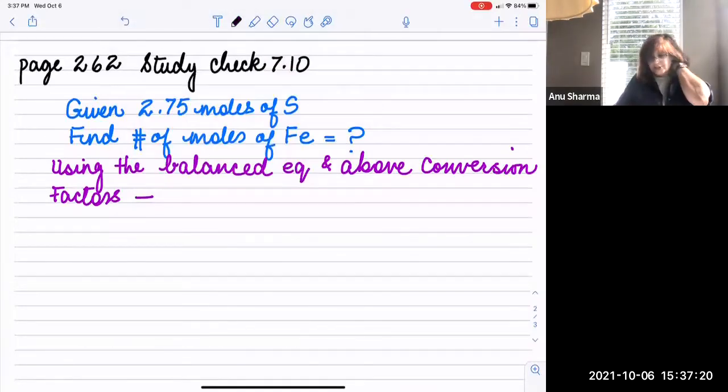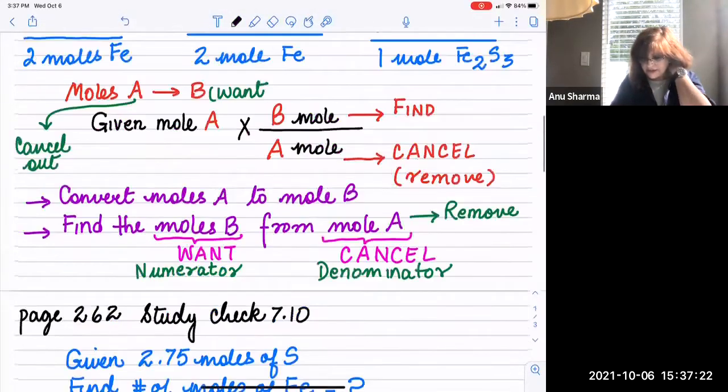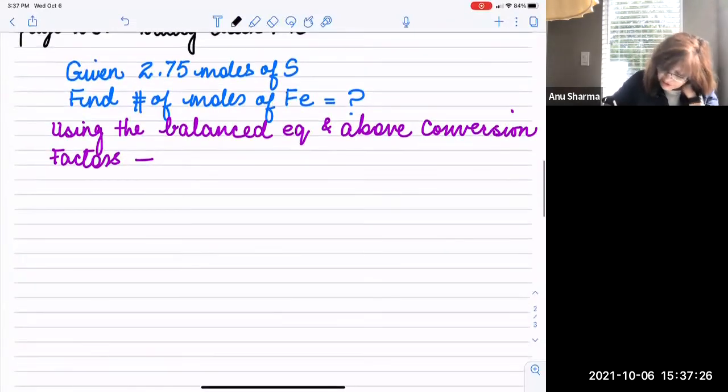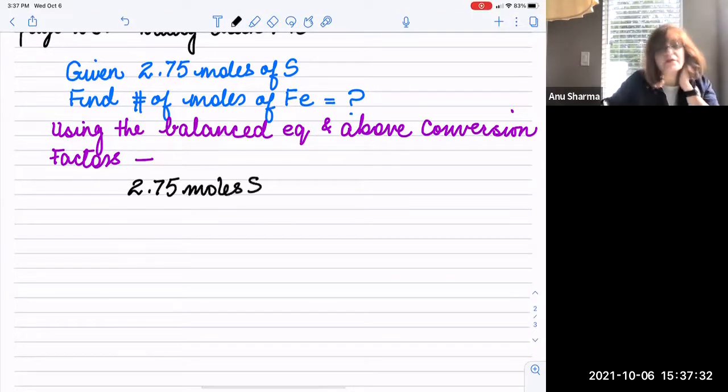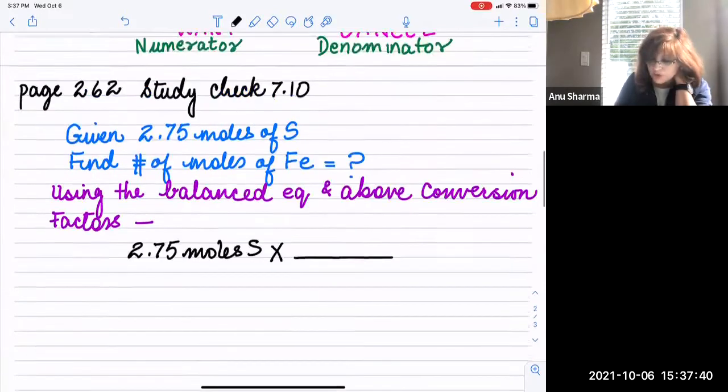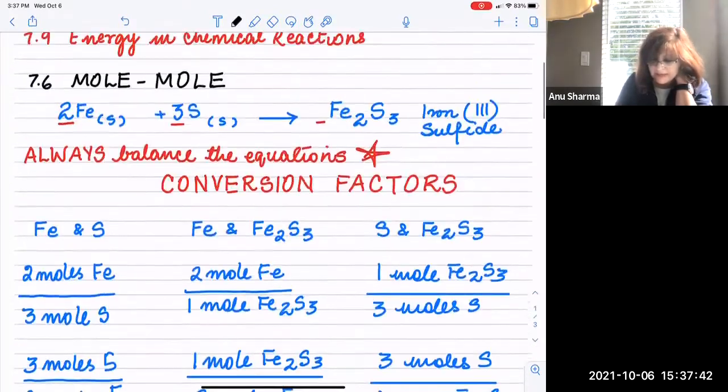We see that you are given 2.75 moles of sulfur, multiplied by the mole to mole ratio, and this mole to mole ratio is coming from the balanced equation.